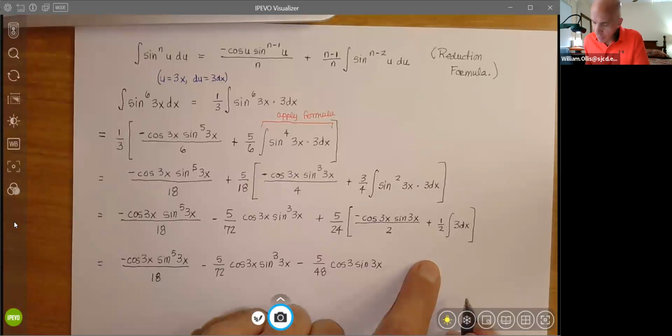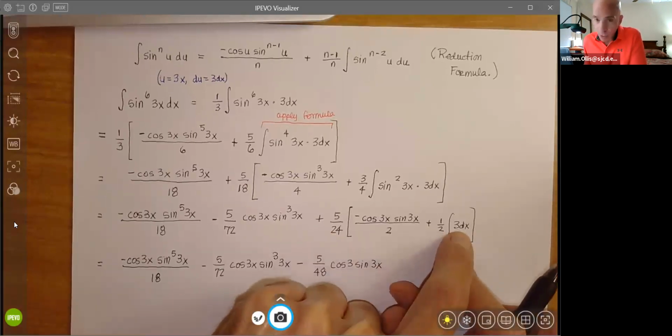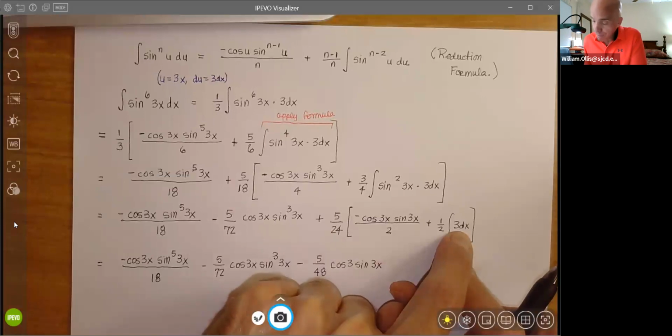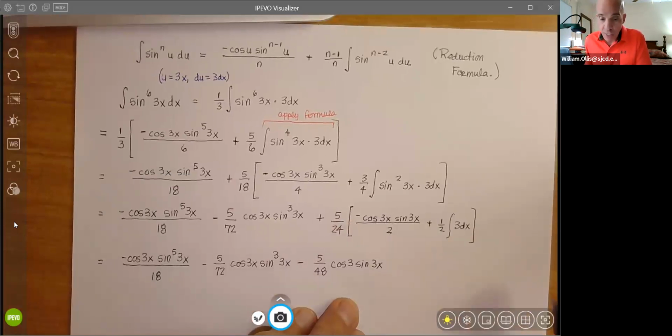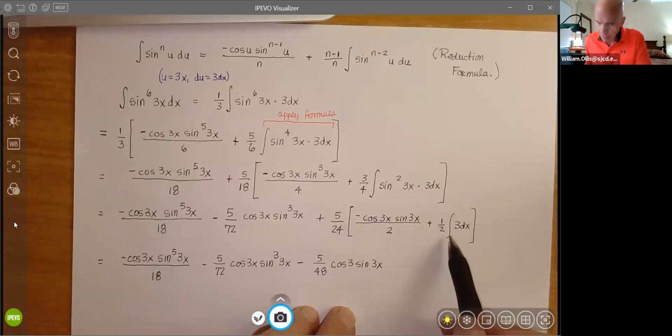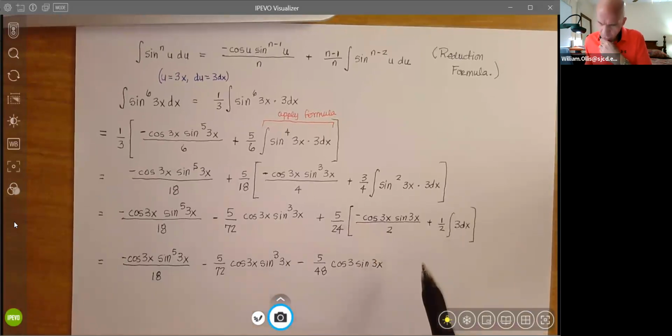And then lastly, of course, if we multiply this out, this integral is just going to be 3x. So we get a 3 times a 5, which is, well, let's see, what do we have? 3, and then we've got a, let's see, I don't know if I dropped anything somewhere. I think I've got all the numbers I need.